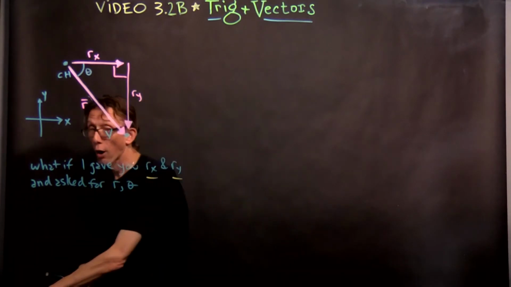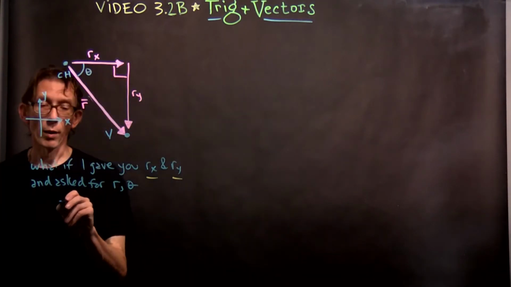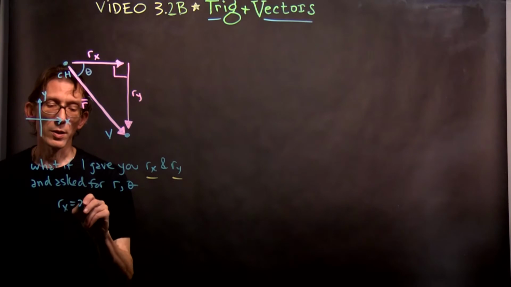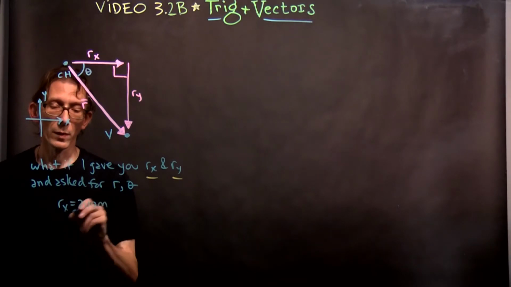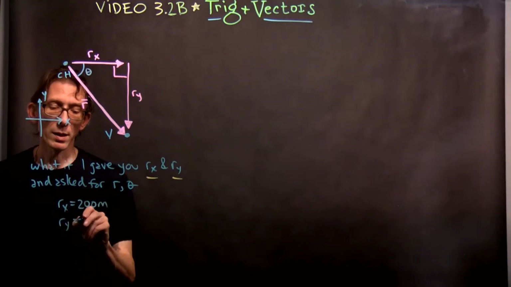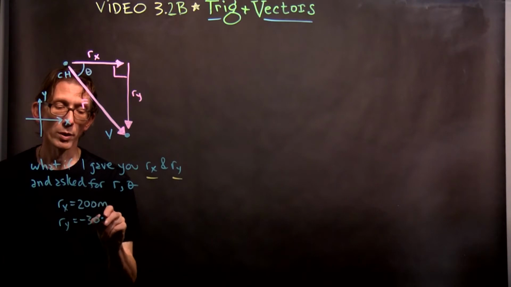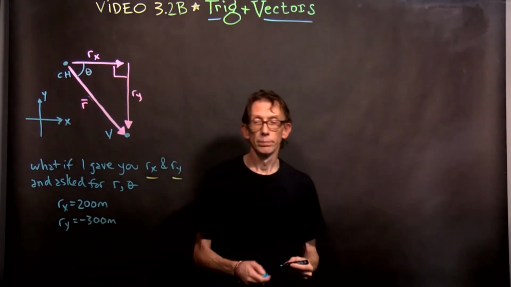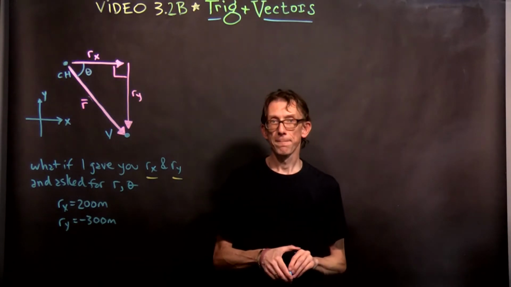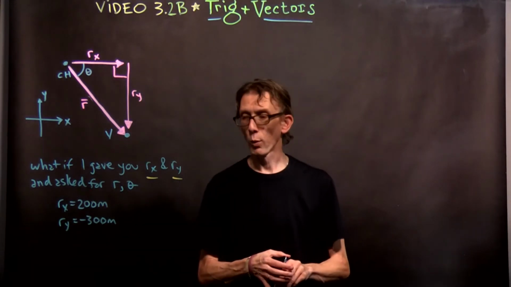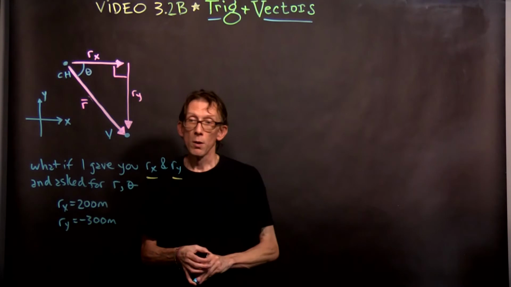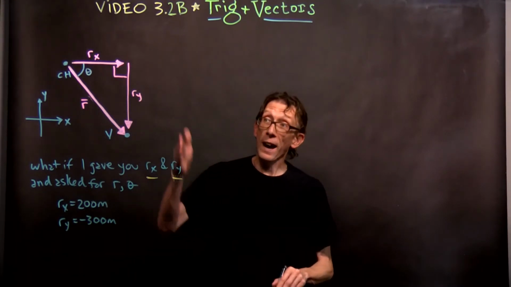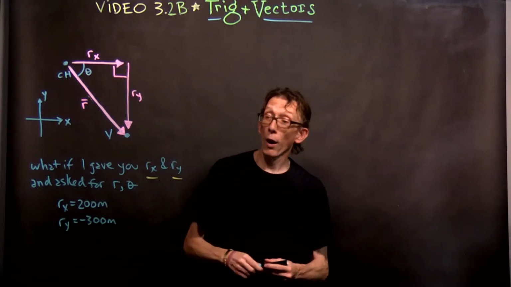Well, you already know what Rx and Ry are. Rx is 200 meters. Ry is minus 300 meters. We already covered that in the video before last. Well, all we need to do to find R is very simple.